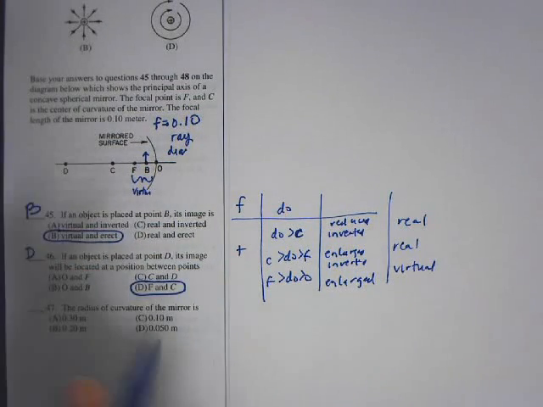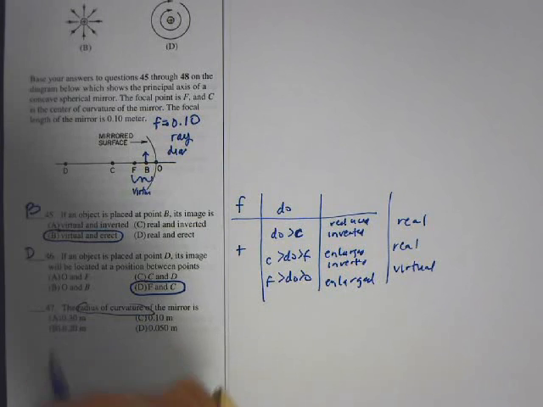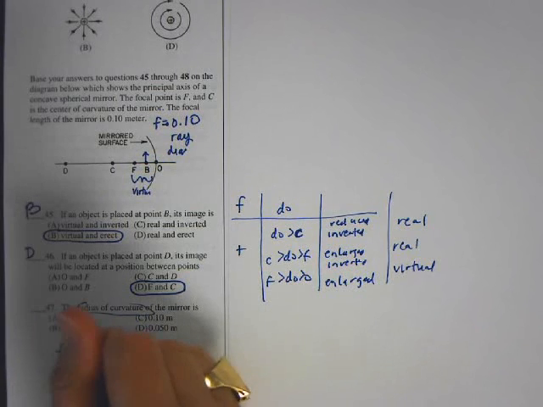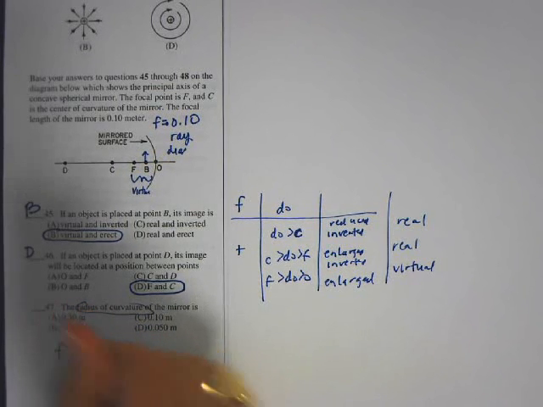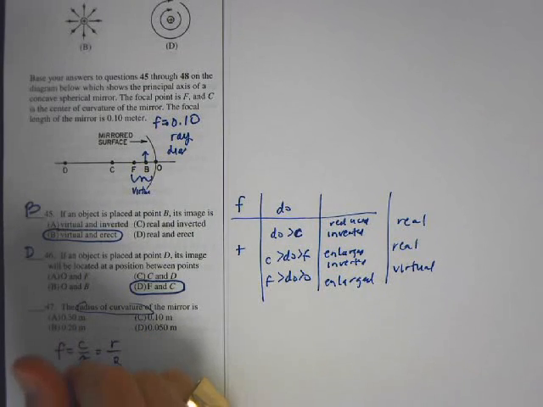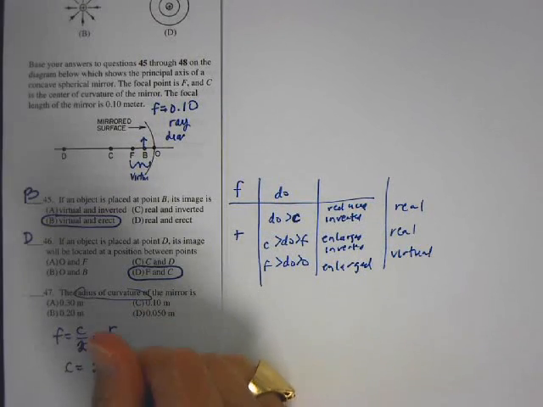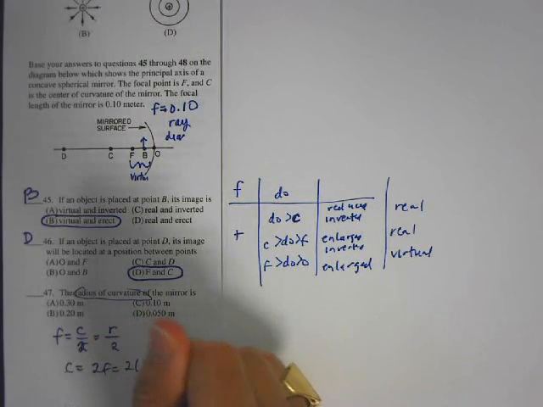For the calculation, you need to know that the radius of curvature is equal to twice the focal length. The way that I remember it is I always remember that F is equal to C over 2, or R over 2, because C is the radius of curvature. So that is equal to 2F, which is equal to 2 times 0.1, which is 0.2.